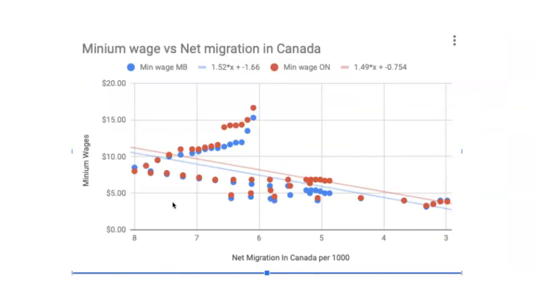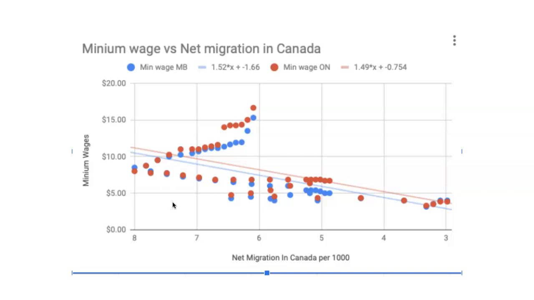So now we're getting to my last graph, which is minimum wage versus net migration in Canada. Some interesting stuff that I found about this graph is that it has a slightly moderate positive correlation.